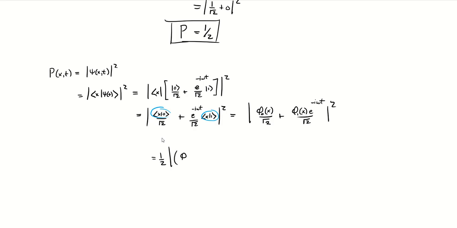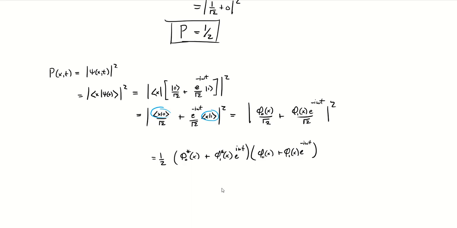So we end up with φ0 complex conjugate plus φ1 complex conjugate e^{iωt}, multiplied with φ0(x) plus φ1(x) e^{-iωt}.